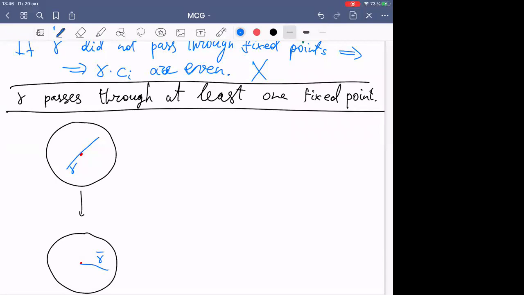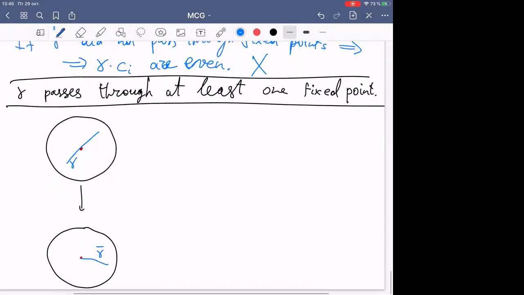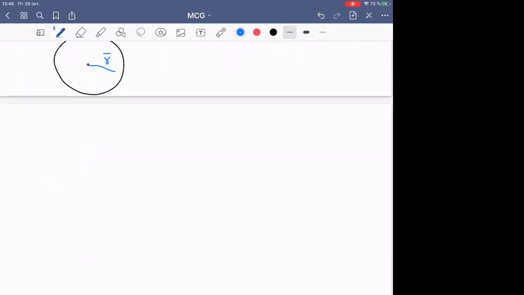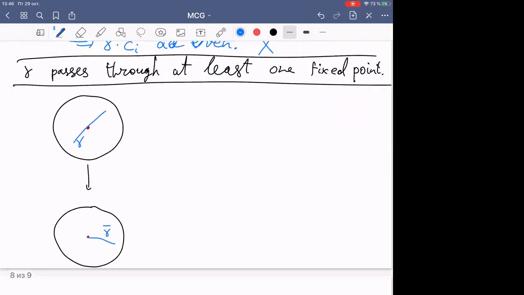Okay, but an arc cannot have a single endpoint. It must have another endpoint. So once we have understood that gamma passes through at least one fixed point, we see that it must pass through another endpoint.